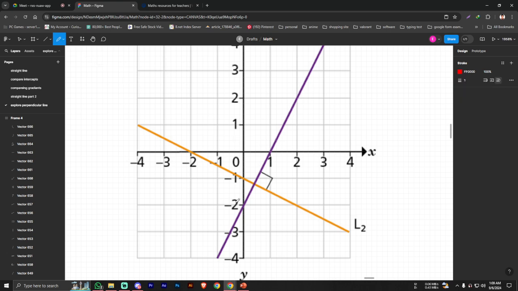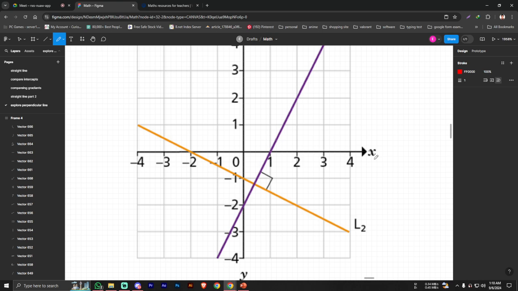So in order to check whether two lines are perpendicular or not, we just need to find their gradients and then multiply them, right? If the result is -1, then we can conclude that both lines are perpendicular to each other.